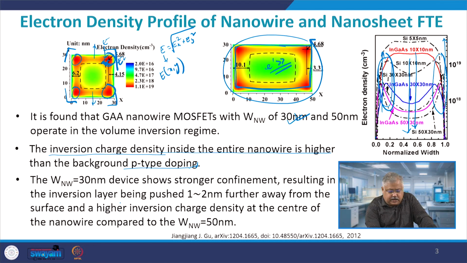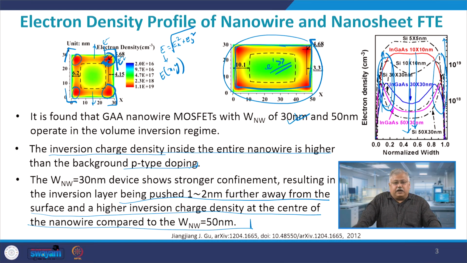And that is what is written here, that the inversion layer is pushed 1 to 2 nanometer further away from the surface, and there is a higher charge inversion density at the center of the nanowire as compared to when the width of the nanowire is 50 nanometers, right? And that is the reason you will have more confinement of the charge carriers.